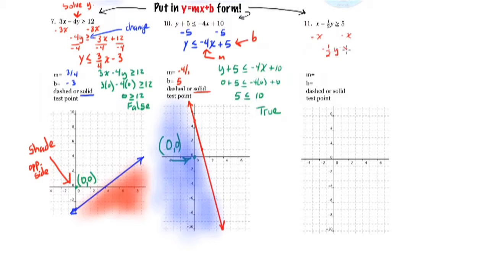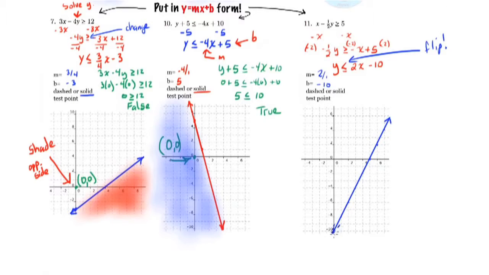For number 11, don't forget about clearing the fraction by multiplying by the inverse. In this case, to get rid of -1/2, you can multiply both sides by -2. You have to flip the inequality here because we're multiplying by a negative number.